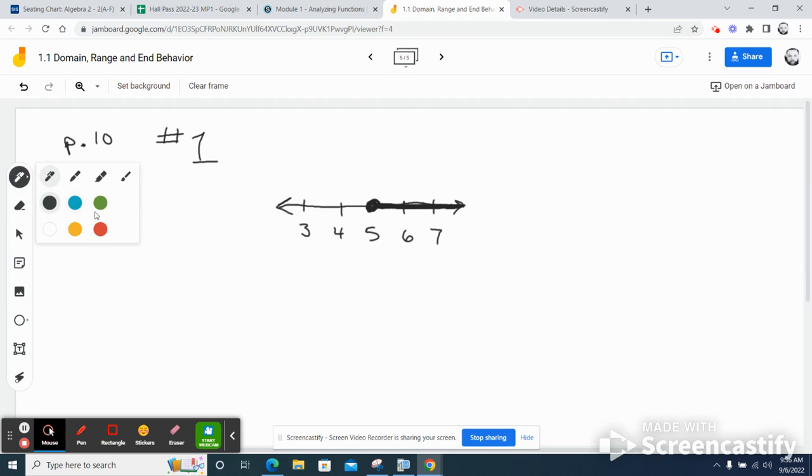Actually, I'll just do a different color. It's a lot more apparent in your textbook, and it says write the intervals shown on the number line.